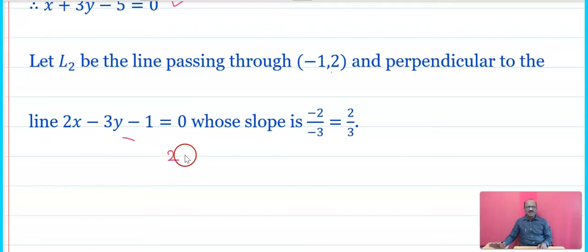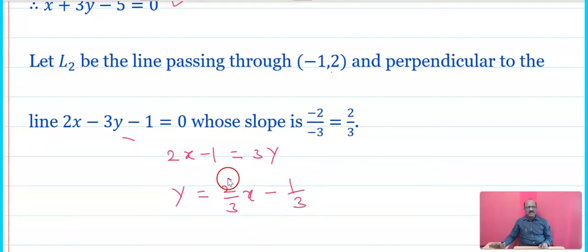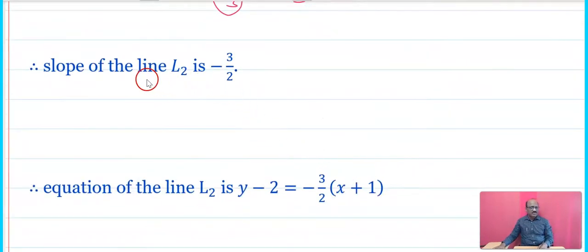Here 2x minus 1 is equal to 3y, and therefore divide the whole equation by 3, and it can be written as 2 upon 3 x minus 1 by 3. Therefore the slope of this line is 2 by 3. But our required line is perpendicular to this line, and therefore its slope will be minus and reciprocal of this, which is 3 by 2. Okay, therefore the slope of the line L2 is minus 3 by 2.